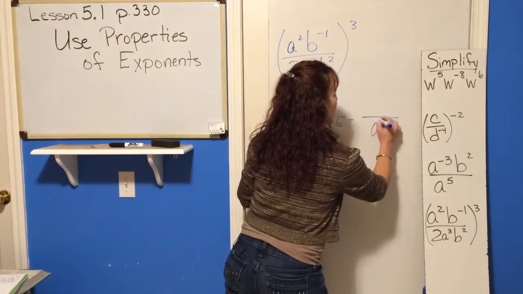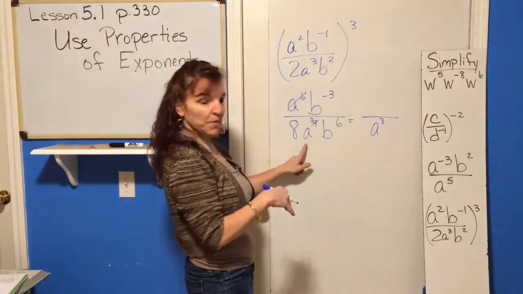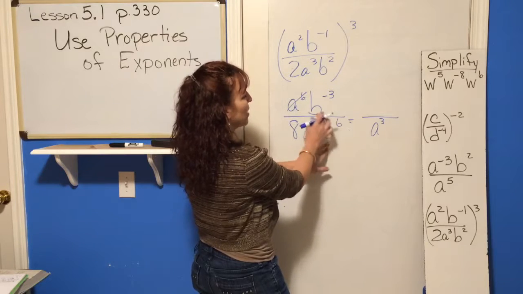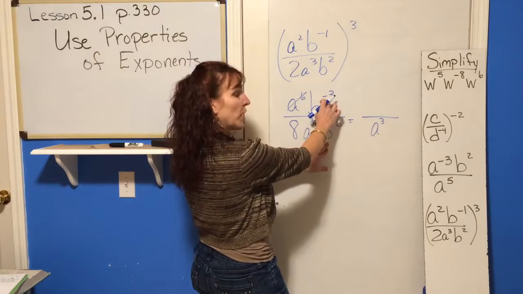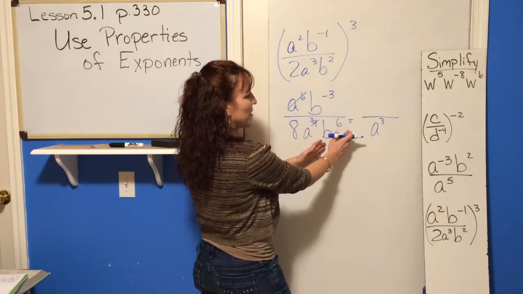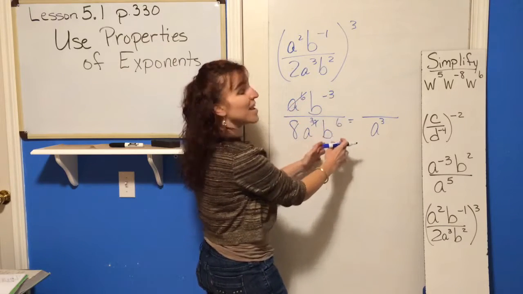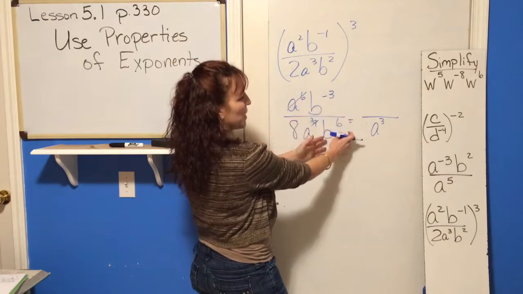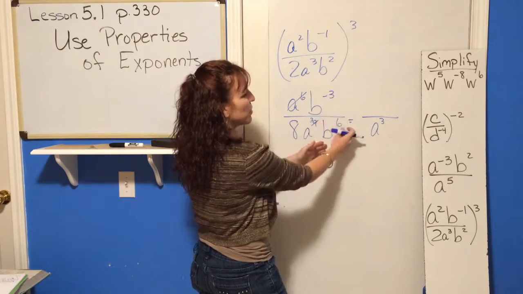So we've got a to the third power on the bottom in your denominator, and we've got b to the 6th in your denominator, and we've got b to the negative third in your numerator. So the negative third is going to bring it to the denominator, and when it comes to the denominator, now it's going to be positive. So when you bring it down here, it becomes positive. So now it's 6 plus 3.